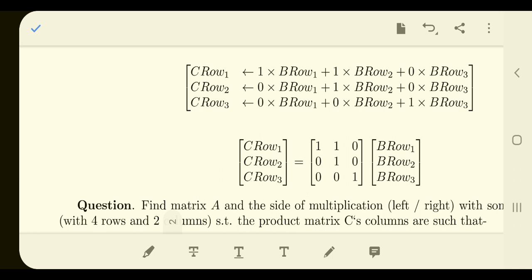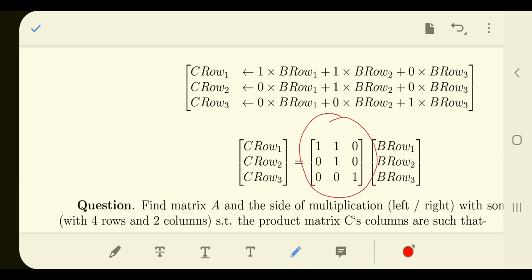So C is equal to this particular matrix times B, which is important, in the sense that all these values are coming directly from the above picture. So you see, this one is coming from this, this one is coming to this, this 0 is coming here. Similarly, this 0 is of the third row, so it is coming here, right? So you can generate this matrix and you can try it out with your hand.